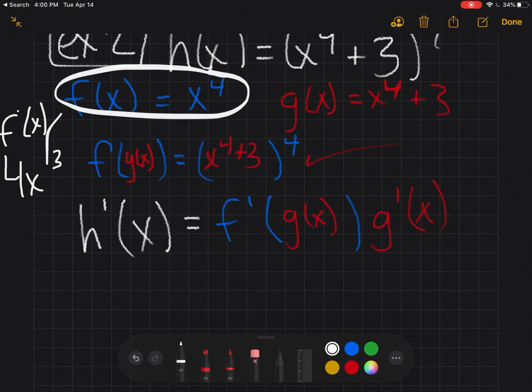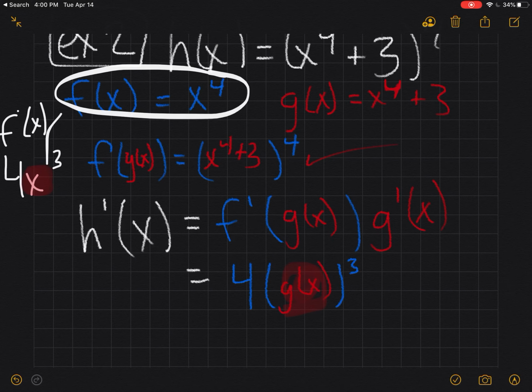So if f of x is equal to x to the 4th power, then my derivative of this will be 4x to the 3rd power. That's my derivative. So this is going to equal 4 times something to the third power.